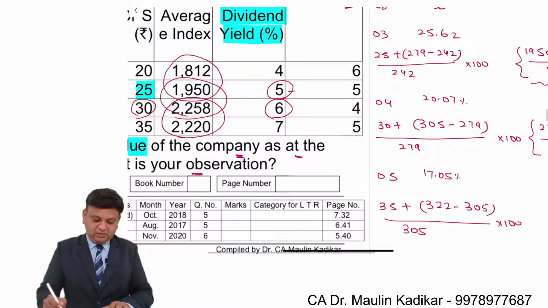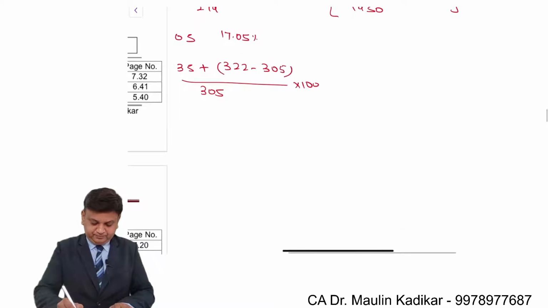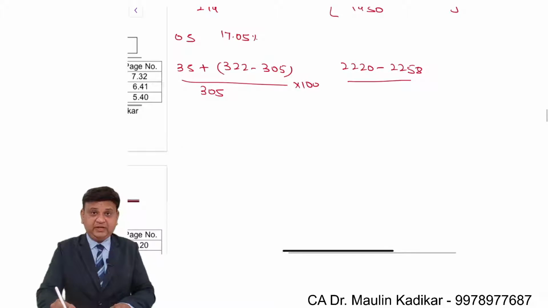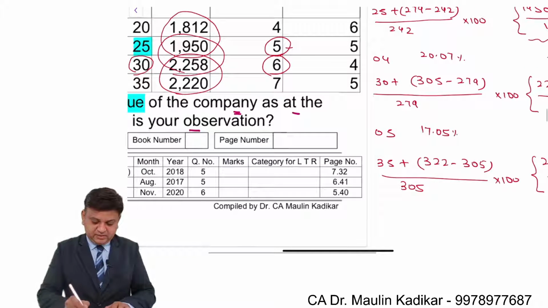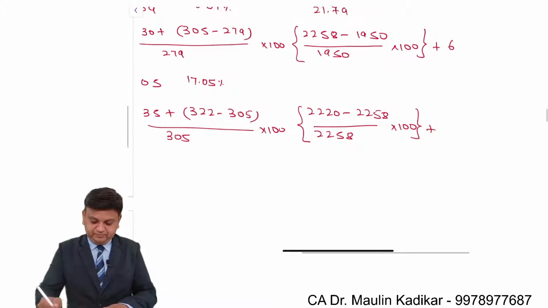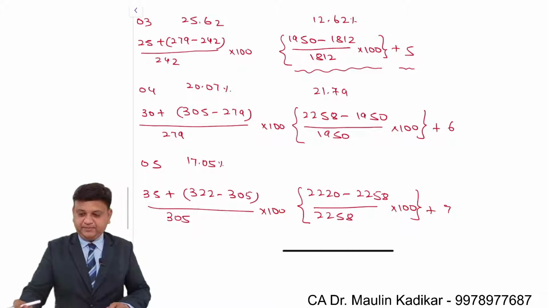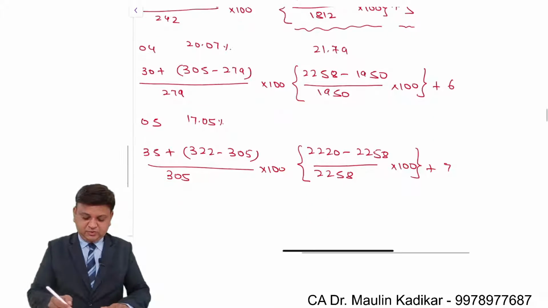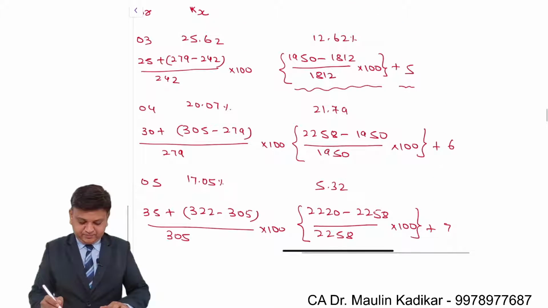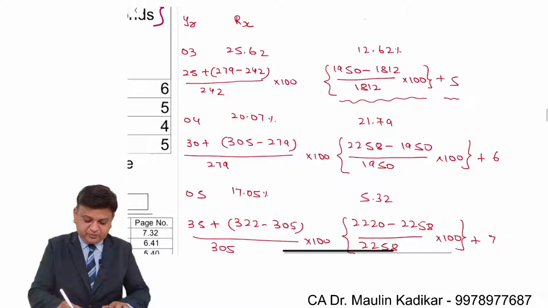Next, 2220 minus 2258 divided by 2258 into 100. Whatever the answer that we find, to that this 7% is going to be added. So 2220 minus 2258 upon 2258 comes to negative 1.68 plus 0.07. So it comes to 5.32 percentage. This is the way return on the market portfolio is calculated.